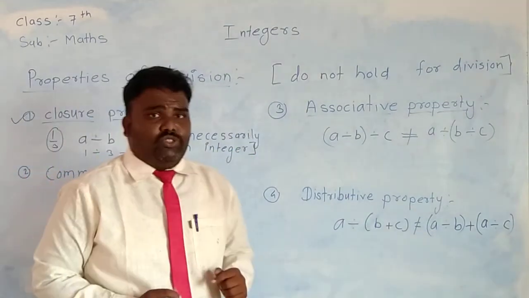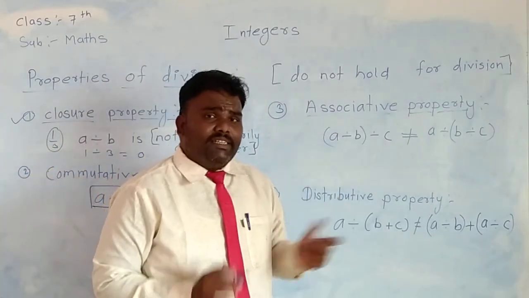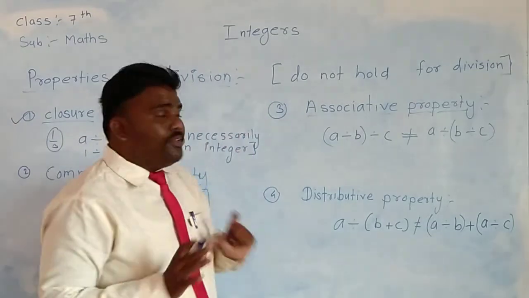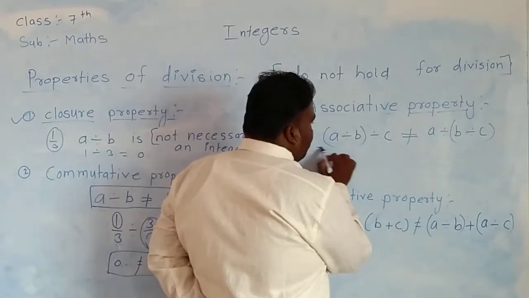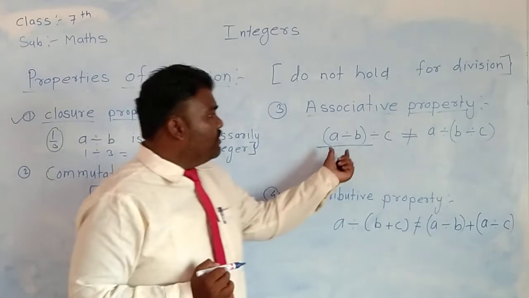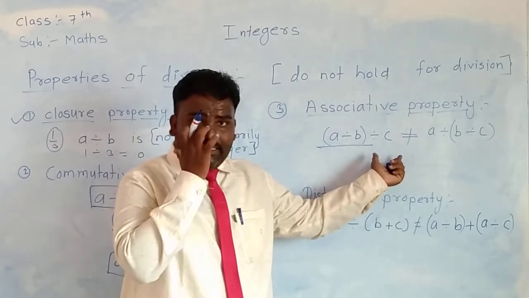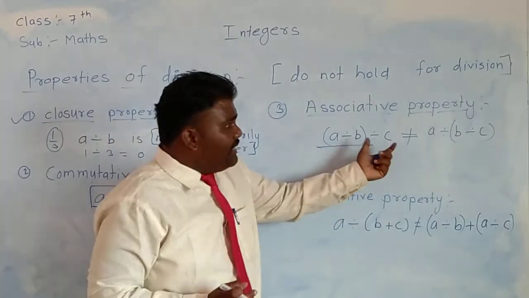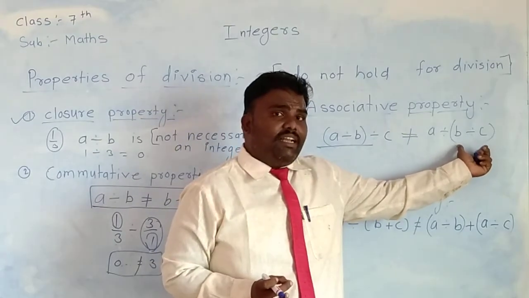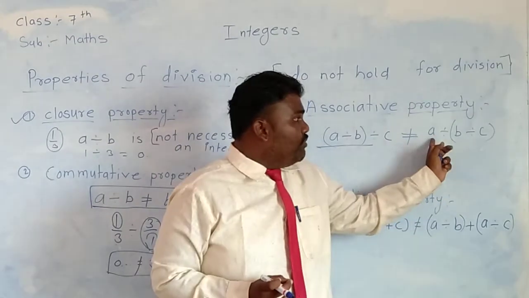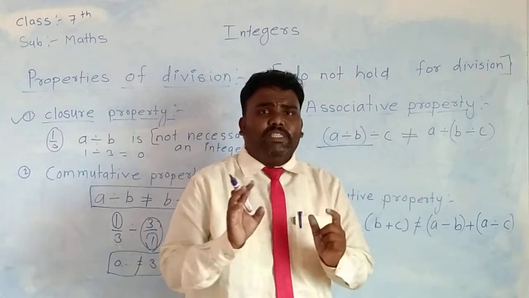So let's talk about the associative property. Even this property doesn't hold for division. How? Let's talk about it. In this property, we divide the first two terms, and then we divide the answer by the third term. And in the second case, first we divide the last two terms, and then the first term is divided by that answer. In both cases, the answer must be the same.